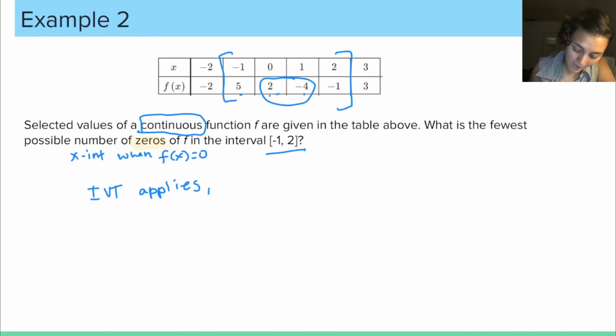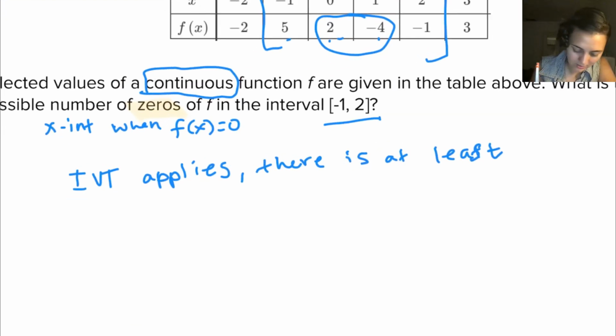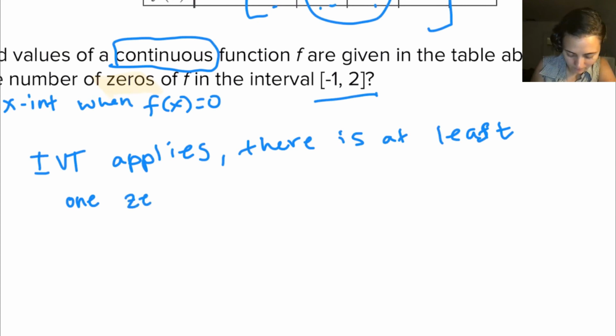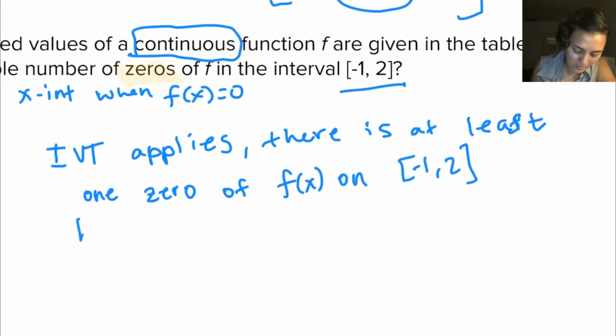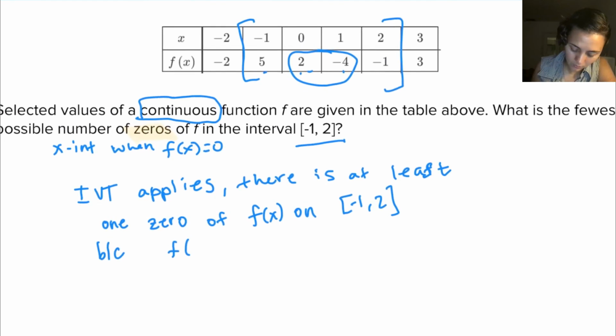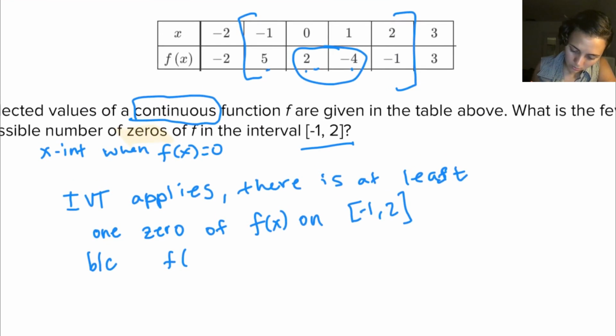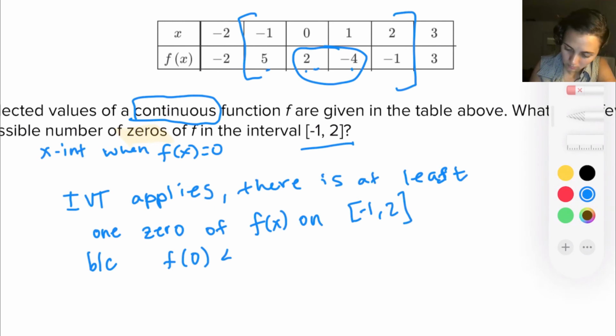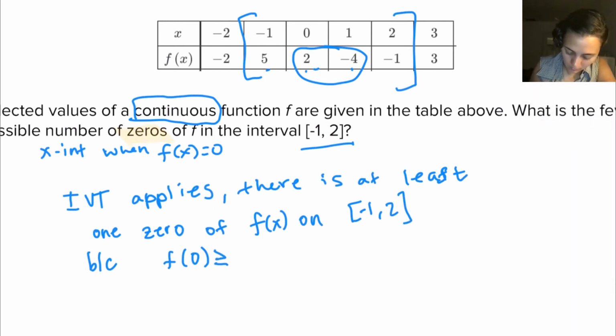So I can say that there is at least 1 zero of f on 0 to 2, because f of 0 is greater than or equal to 0, which is greater than or equal to f of 1.